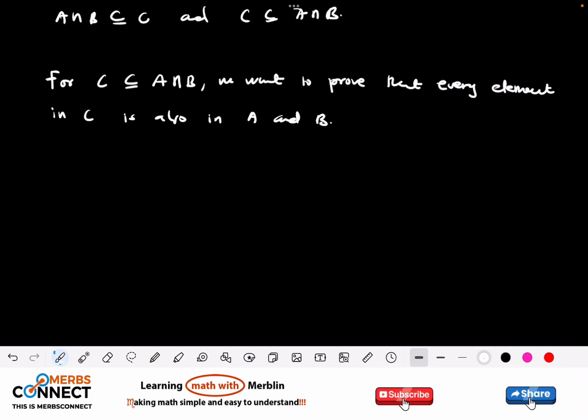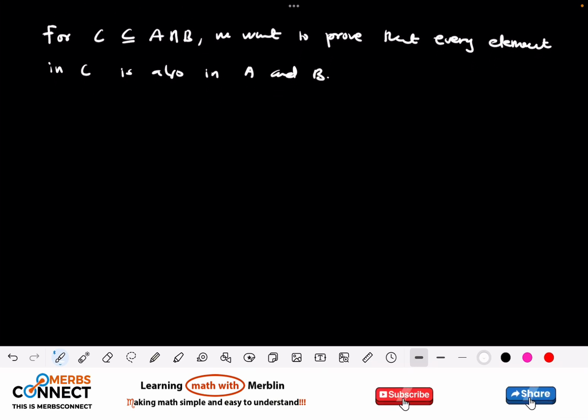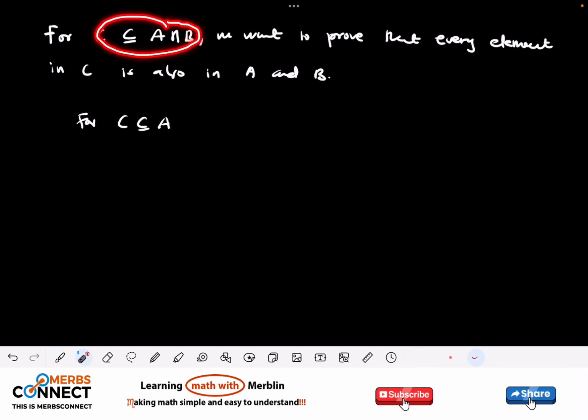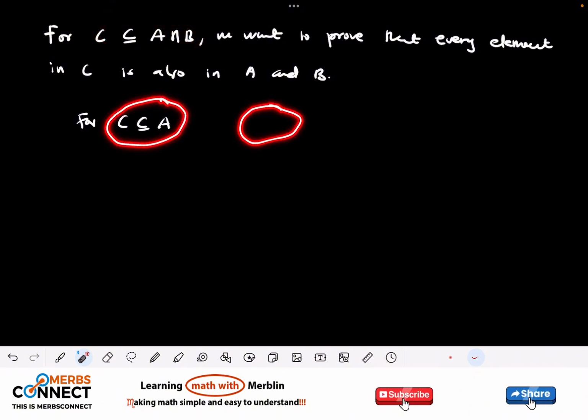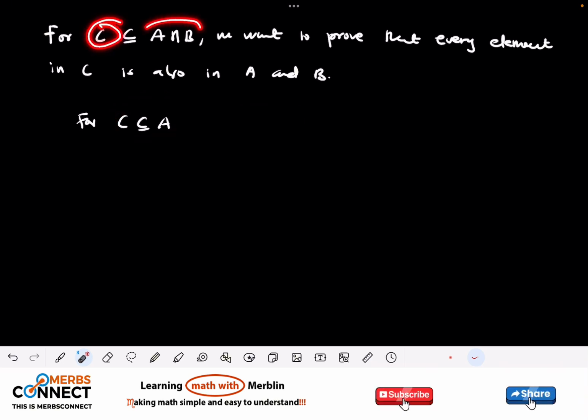So for us to do that, first we need to show that C is in A, and we also need to show that C is in B before we can conclude that C is in A intersect B. As I said, if C is 2 and A is 2, and we also show that C is 2 and B is 2, then A intersect B will be 2, and C will belong to A intersect B. That's what we are trying to do.